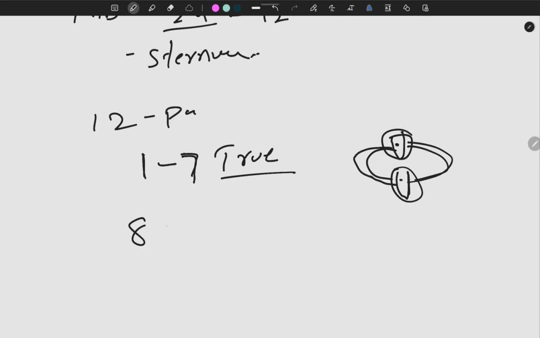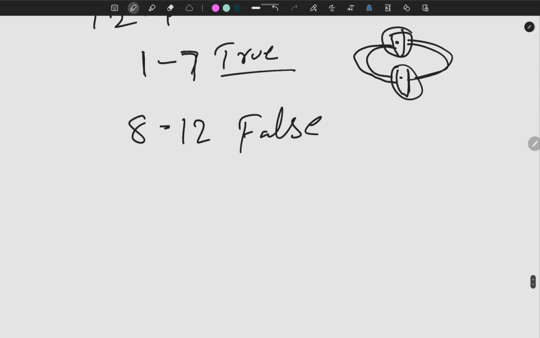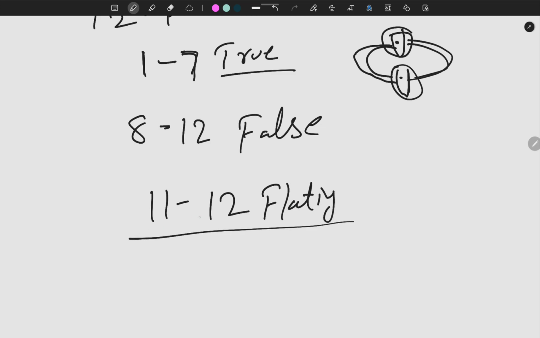The next ones, 8 to 12, are called false ribs. Among these 8 to 12 false ribs, 11 and 12 are called floating ribs. Why do we call 11 and 12 the floating ribs?